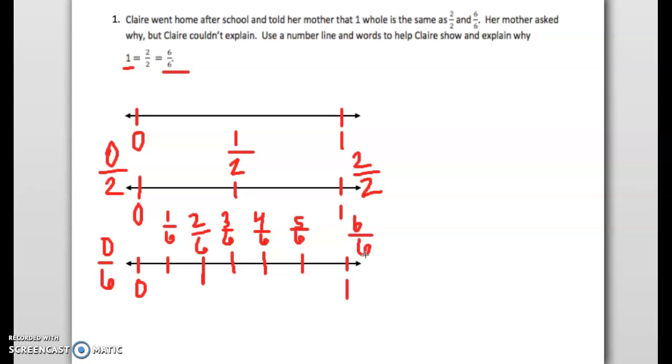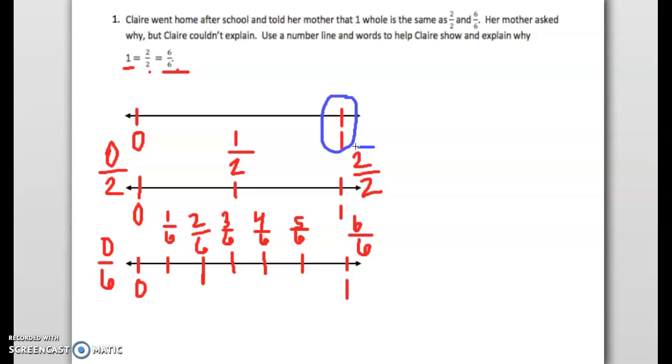We're trying to prove that each of these numbers and fractions are equivalent to one another. So I want you to take a second, pause the video, and think about how you can prove that each of these fractions are equivalent to one another. Taking a look at our number lines, we have 1 whole right here.